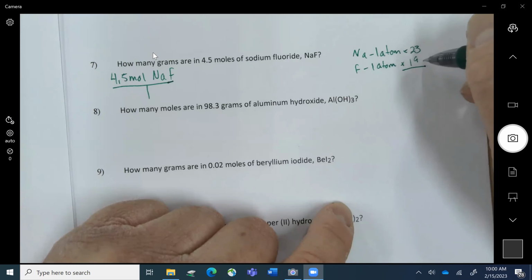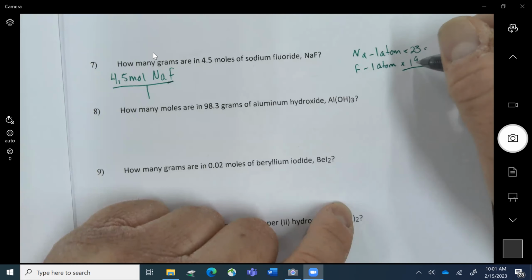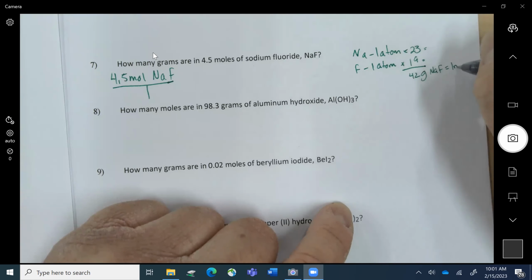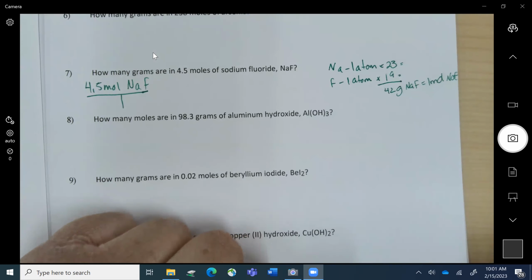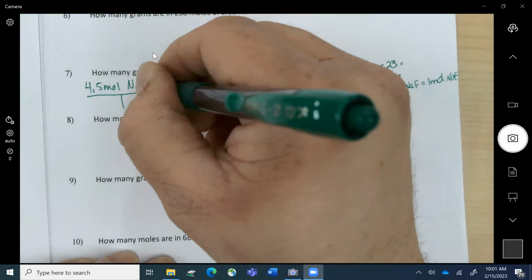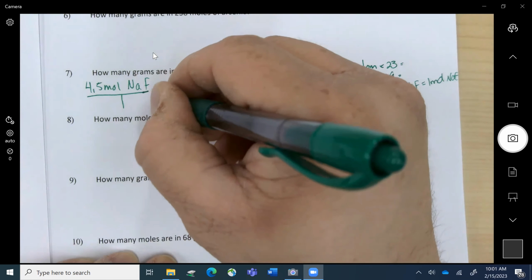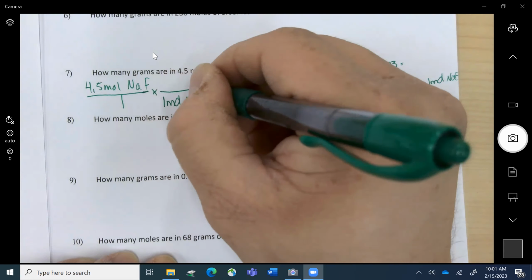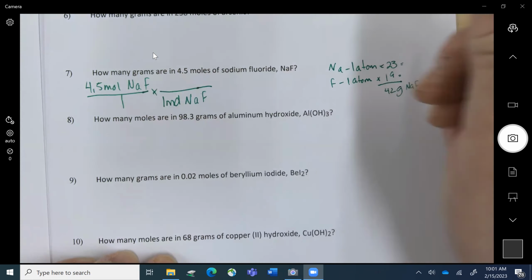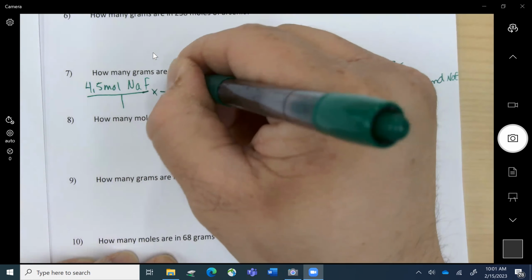Typically you would have to multiply them, but 1 times each of those is, so it's 42. So we've got to come up with molecular weight first, or molar mass. So 1 mole of NaF is 42 grams of NaF.